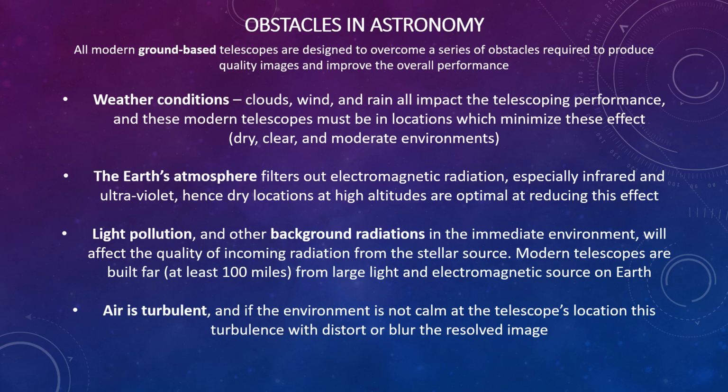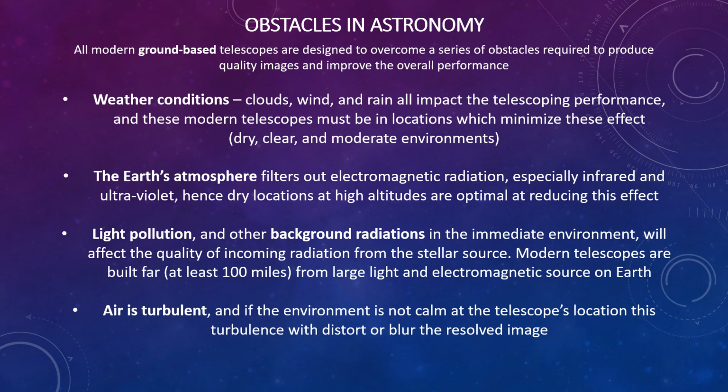All of these houses and cities, and especially these empty parking lots at night, when there's no one there and there's no cars there, and they still have their lights on, this is causing light pollution in the sky, and telescopes in bright areas can't detect the faint objects that they're trying to study nearly as well. And so modern telescopes and observatories are often located very far away from high population centers and light sources.